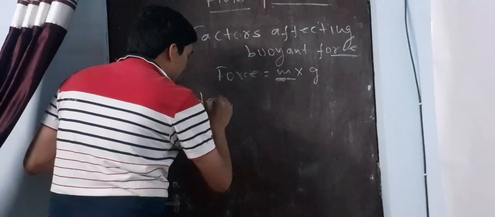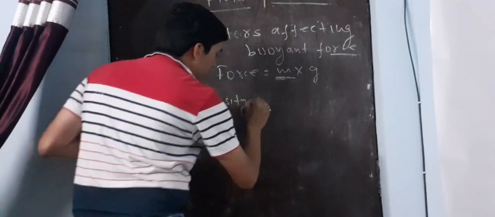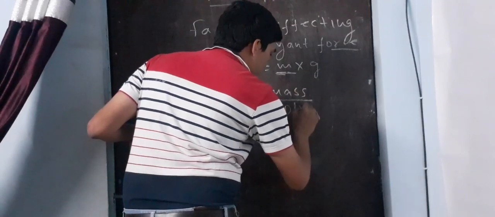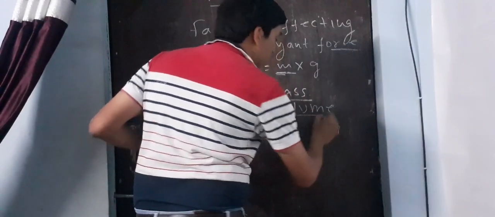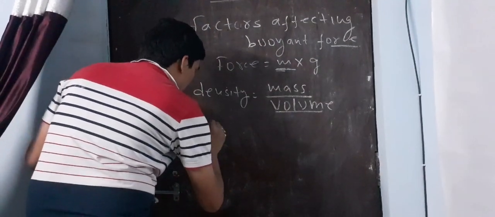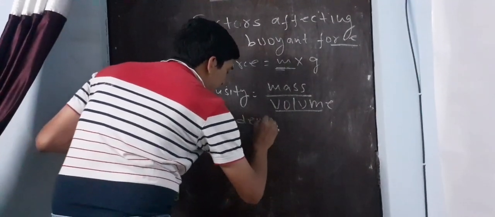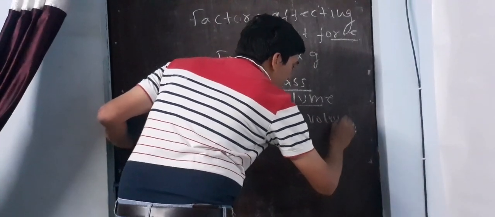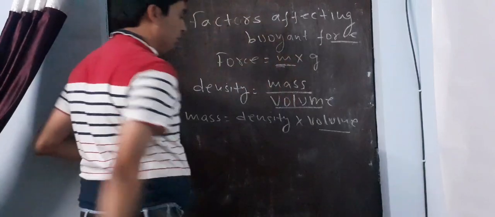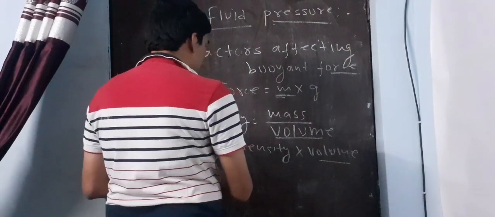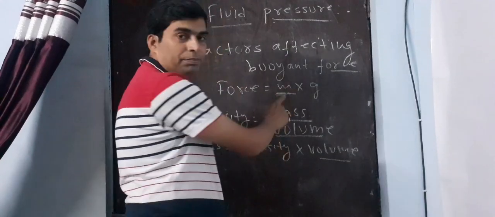We know density is mass by volume, here the volume of that liquid. So mass we can replace by the product of density and volume. In place of mass, we'll substitute this value.